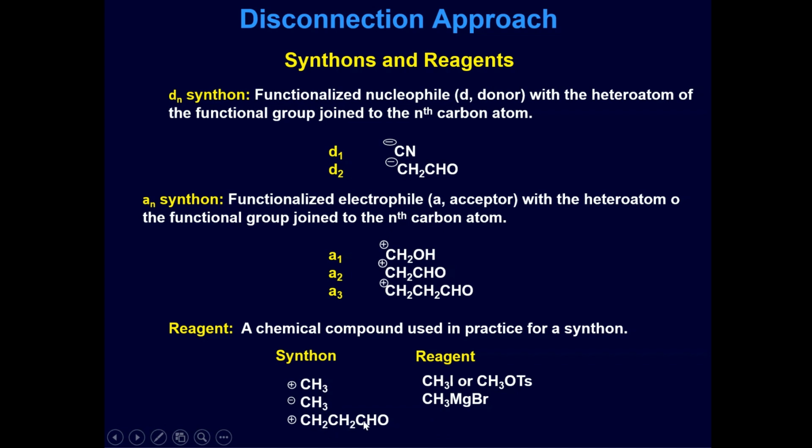If I want CH2, CH2, CHO plus, I will use CH2 double bond CH, CHO. If I hydrogenate it, I'll get this CH2, CH2, CHO. This is how we can select various reagents for various synthons, and when I treat these synthon reagents with the starting material, I'll get the corresponding synthons. And when I join all these synthons, I'll get the corresponding target molecule.